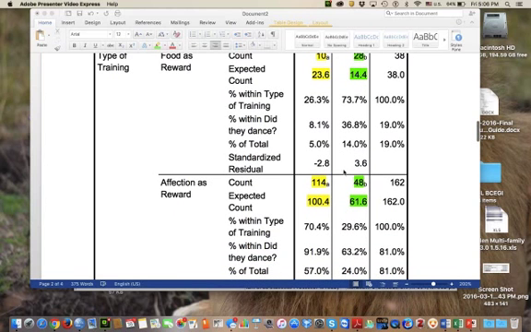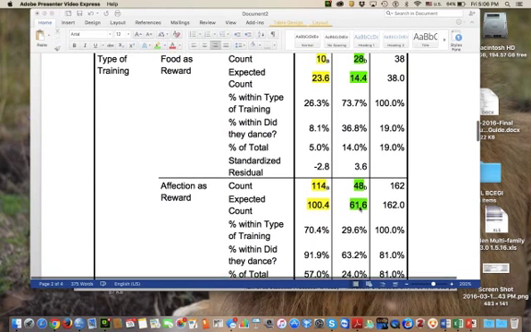So, correspondingly, when we have affection as a reward, we expected 100 to not dance, when in fact 114 didn't dance. And we expected that 61 would dance, however, only 48 did dance.